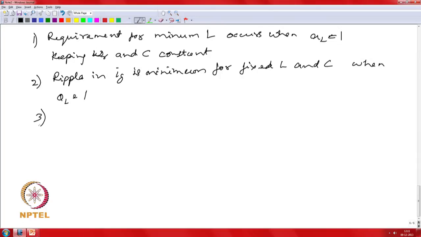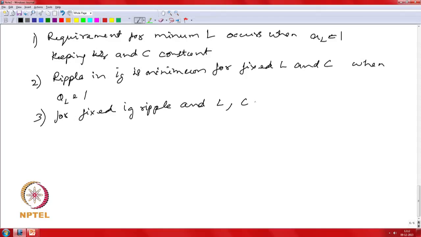Another point that you could observe is that for fixed Ig ripple and L, you are allowed to vary AL, but keep L1 plus L2 equal to L as a fixed parameter.